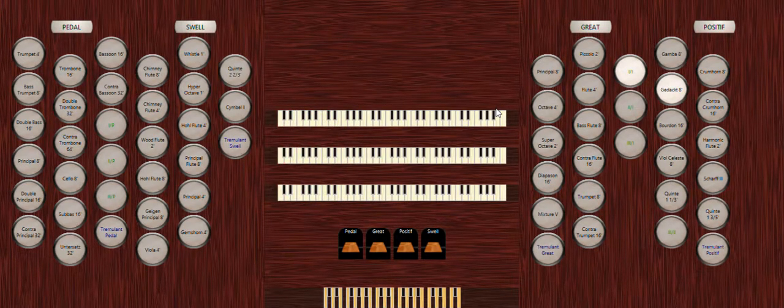Pretty much every single pipe of the whole rank is pretty much perfect. Then the 16-foot Bourdon, Gedackt an octave lower, the extension to it. Once again, crank up your bass boost, turn volume up really low.